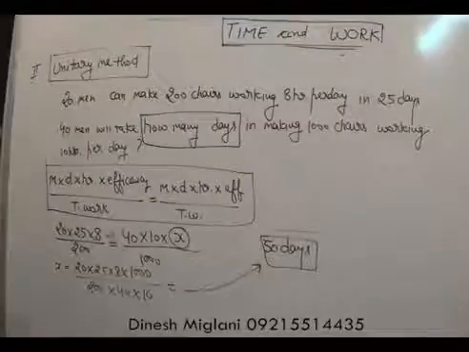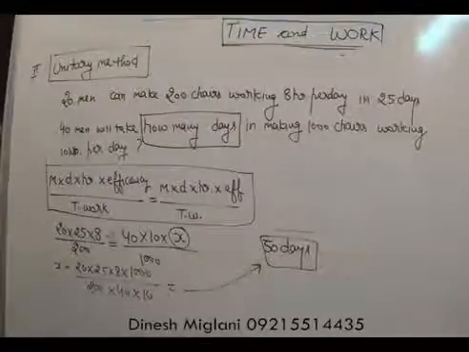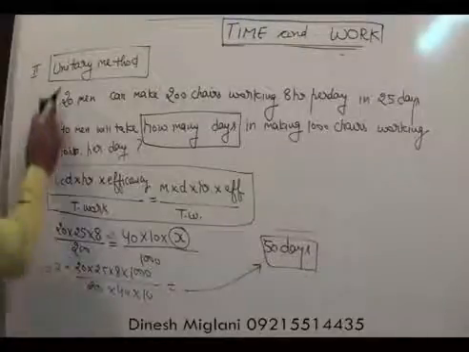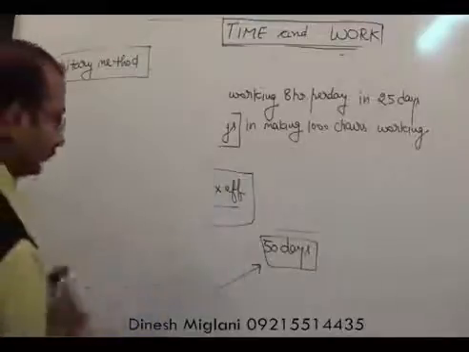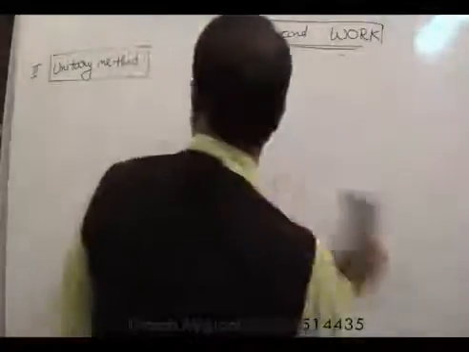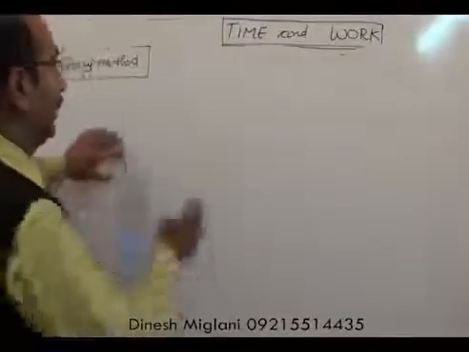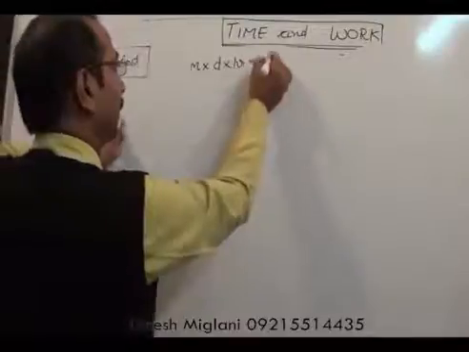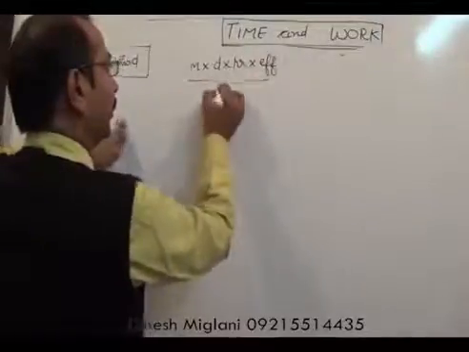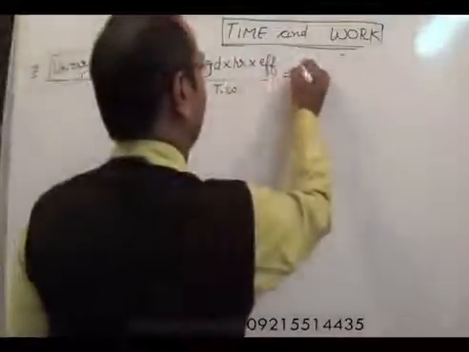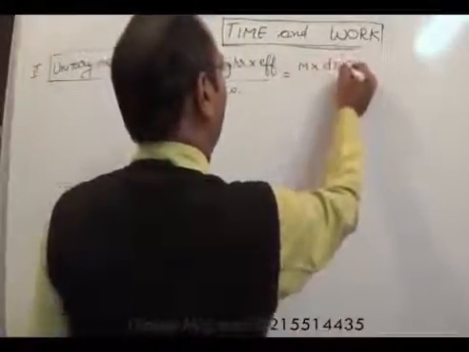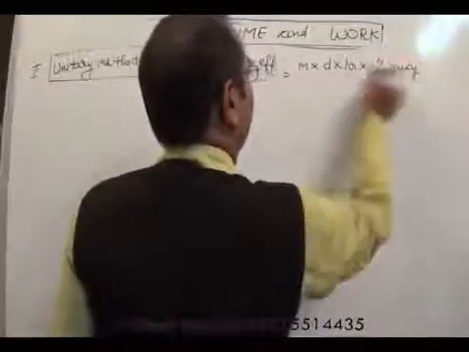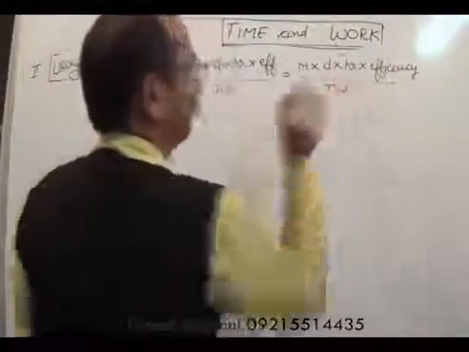Now, for better understanding of this, we can take some problems one by one so that you know how to apply this concept. So I will just write the formula again. Formula would be men into days, into hours, into efficiency, divided by total work is same as men into days, into hours, into efficiency, divided by total work.